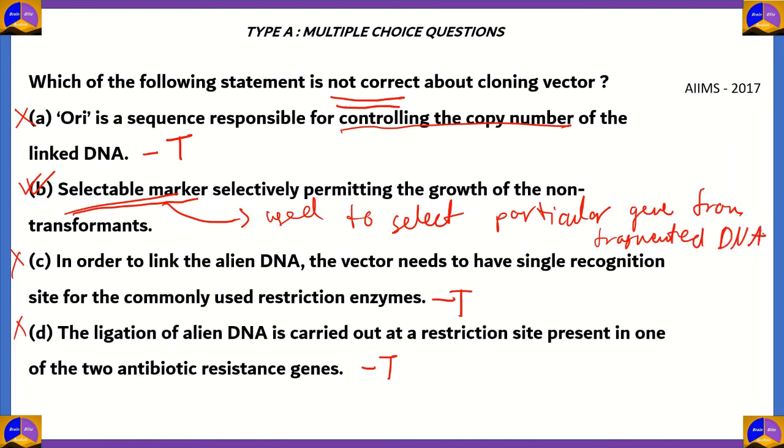So from the fragmented DNA, if you want to select a particular gene, you need to use a selectable marker for that gene. That's why the statement in option B is wrong. The statement is incorrect, so that makes the option correct, because once again, we're looking for which of the following statements is not correct about a cloning vector. And that's why option B is correct.